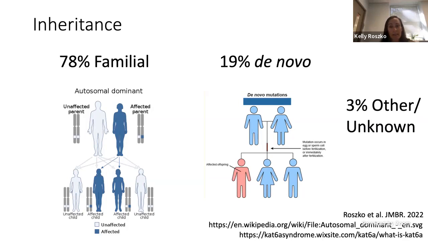However, now, this person has an autosomal dominant variant, and that can be passed down to their children by the 50% rule that we just discussed. So this would be this picture. Parents are not affected, siblings are not affected, but this one person has a de novo variant in their DNA. And finally, 3% of the inheritance is neither of these or unknown from that literature search.